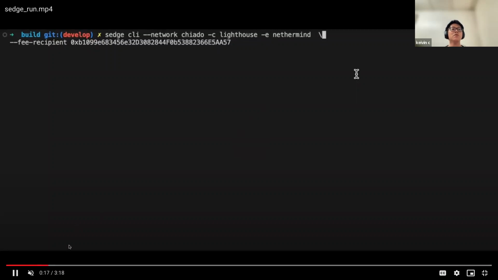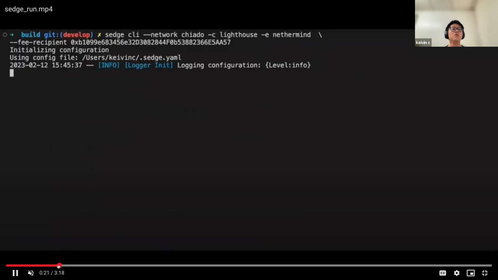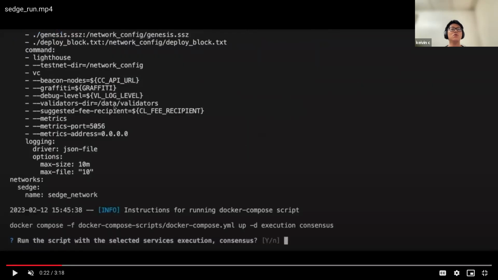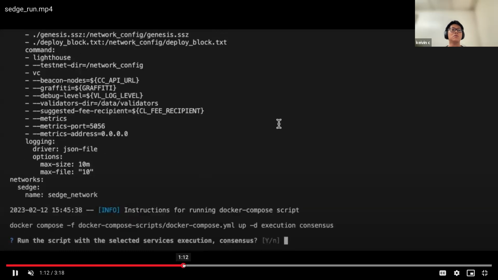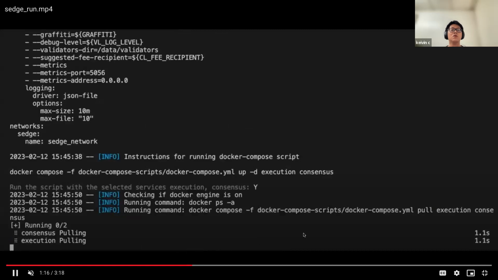Once you run this command, I'll go through some of the details in a bit, but basically it just generates your Docker Compose script. As you can see, it'll ask, do you want to run the script and get everything started? Once you say yes, it'll do its thing.